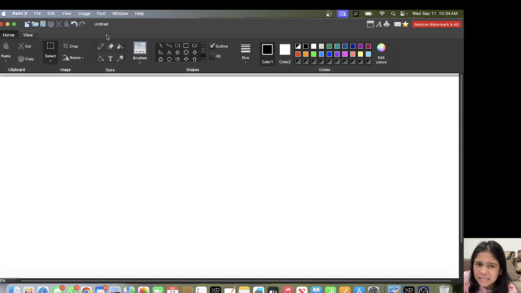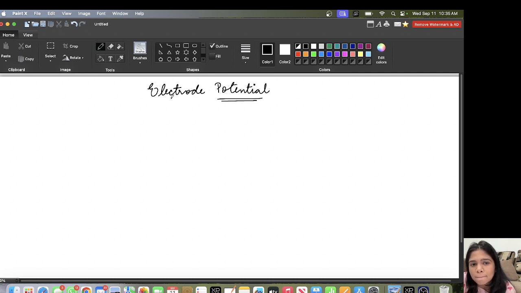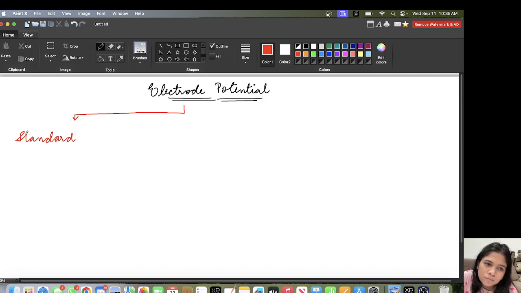Now, there are basically two kinds of electrode potential. The first one is called standard electrode potential, which is represented as E naught.